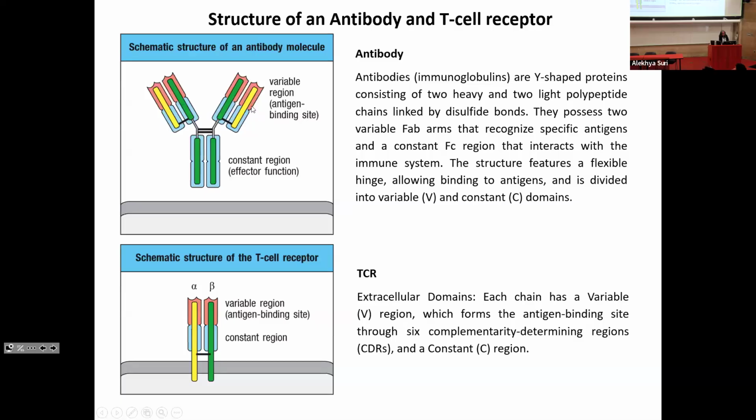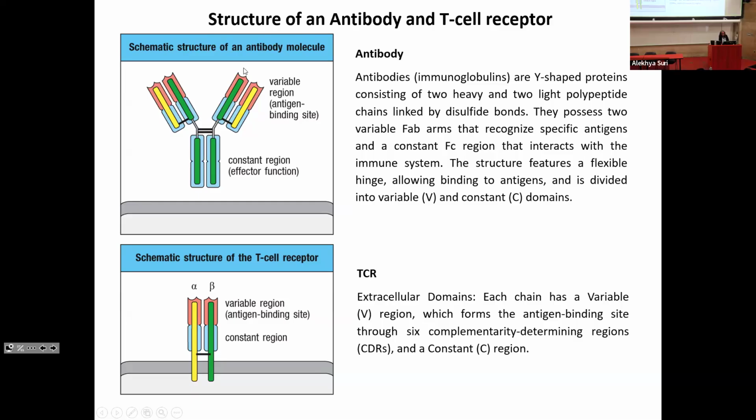So this variable region is very important. This is the region that binds antigens, or these molecules from the pathogens, okay? So these chains give this antibody its recognition ability. Both the light chain and the heavy chain contribute to this variable region.